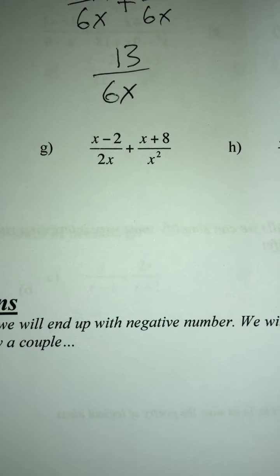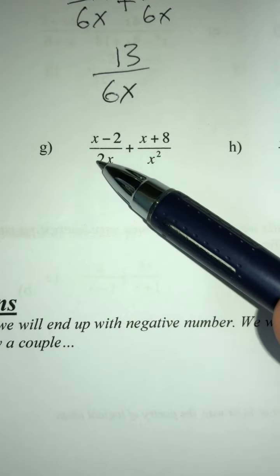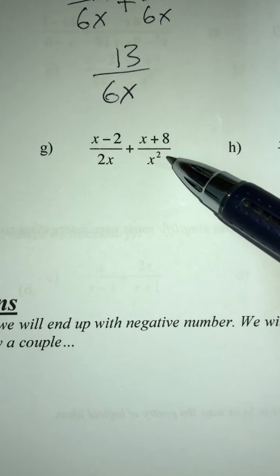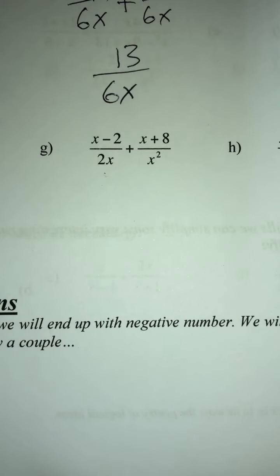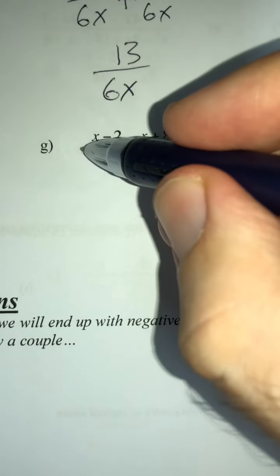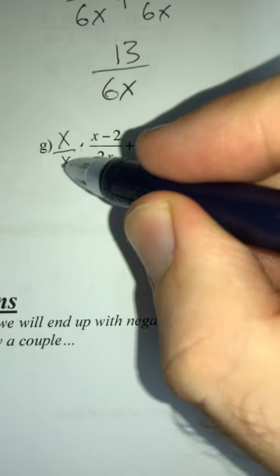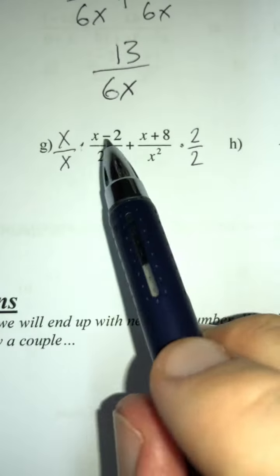How about something like g? So I need to make these denominators the same. I've got 2x and I've got x squared. So in order to make these the same, I'm going to turn it into 2x squared. So times this by 2 over 2, times this one by x over x. That way I get the same denominator. So let's multiply this in.